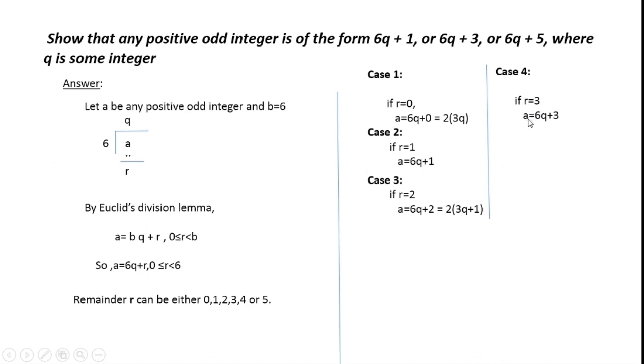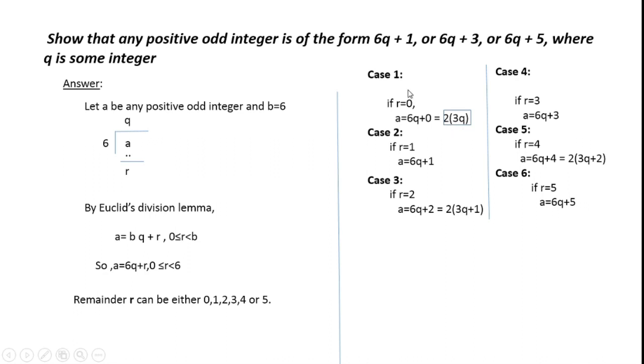Now a we can write as 6q plus 3. Case 5. If r equal 4. We can write a equal 6q plus 4. This we can write as 2 into 3q plus 2. Case 6. If r equal 5. We can write a equal 6q plus 5.